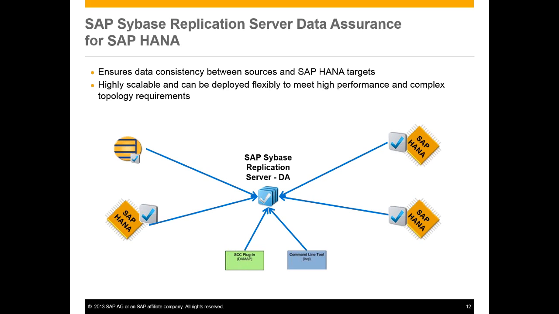So this is a very flexible tool, and the deployment topology is also very flexible. You can deploy what we call an agent. See the check mark on the source database and target database. This is called a DA agent. The data assurance agent can be deployed on the local machine or on a remote machine. Of course, for performance reasons, you want to deploy the DA agent on the source and the target machine.